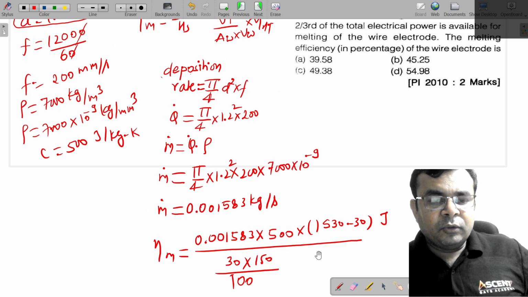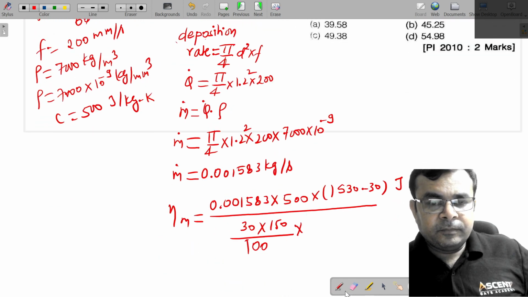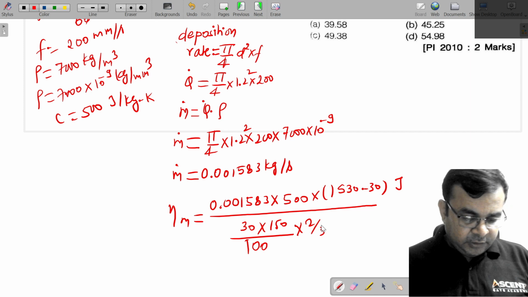So here we have in joule per second, so simply here we write this only. And eta heat transfer efficiency is also given here. How much? That is 2/3. So let's see if I calculate this value.